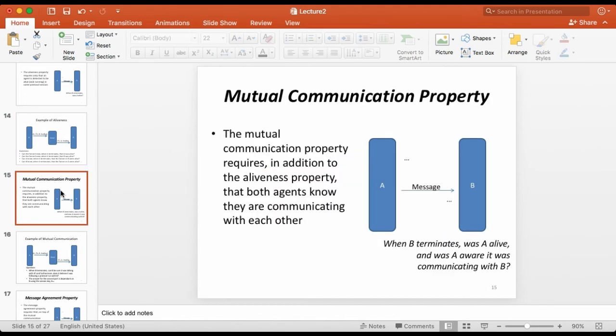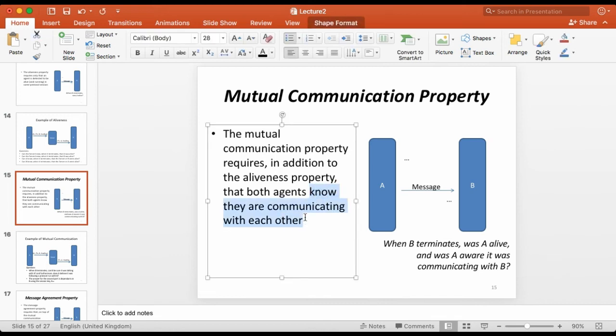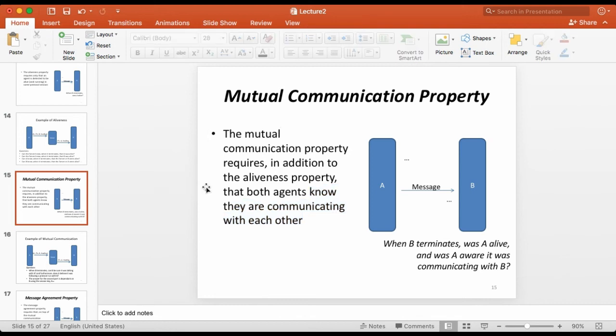Now, moving on from that, the second concept of entity authentication is known as mutual communication, and mutual communication builds on top of aliveness by adding an additional requirement. And this additional requirement is that you know that you're communicating with each other. So you know precisely who you're communicating with.